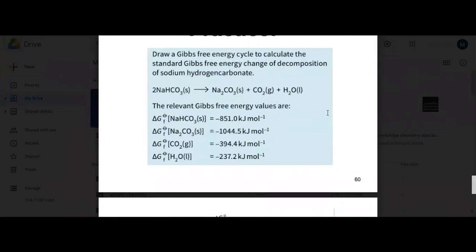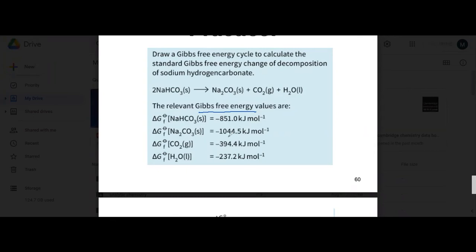Okay, now let's see this question. Draw a Gibbs free energy cycle to calculate the standard free energy change of decomposition of sodium hydrogen carbonate. So actually, we do not need to draw the cycle to find the Gibbs free energy, since we can use this data directly. Product minus reactant.